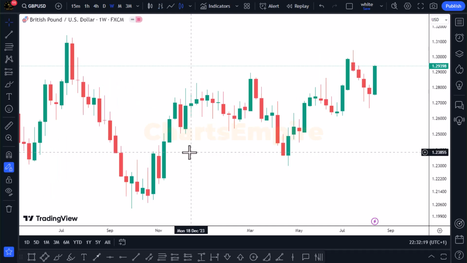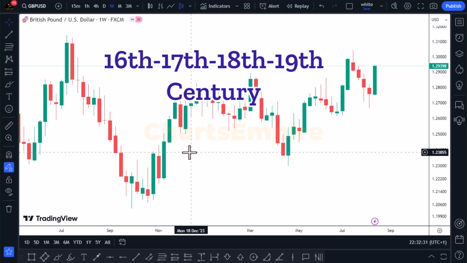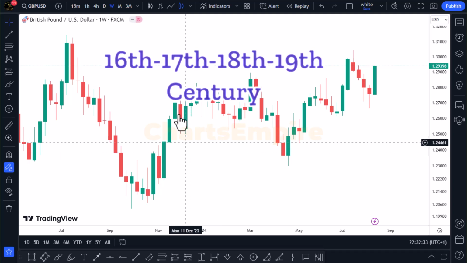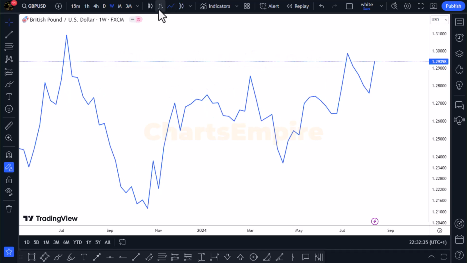Before we get started, we need to know the history of the Japanese candlestick, what brought it about, and what made it popularly used nowadays. In the 15th, 16th, 17th, 18th century, the majority of traders traded with the line chart and the Western chart.